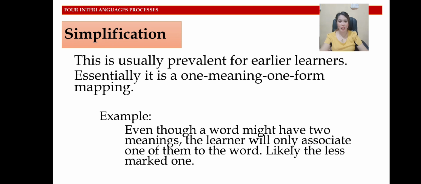For simplification, which is one of the processes of interlanguage, intralingual or developmental errors are due to reliance on simplification and generalization. Deletion of articles, auxiliaries, for example, deletion of prepositions and some pronouns attributes to simplification. It reduces the range of possible structures.